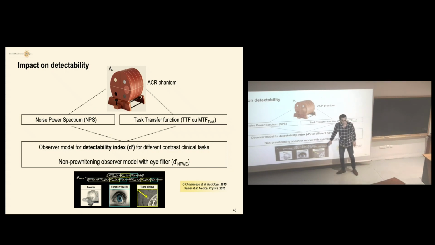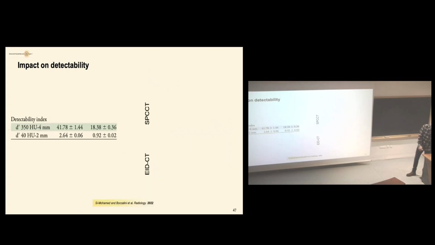It has been validated with the radiologist community. That means it's a model observer that simulates the ability of a radiologist to see a lesion. So the higher the d prime or the detectability is, the easier you will detect a lesion.